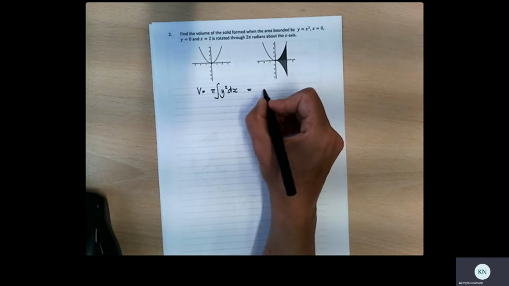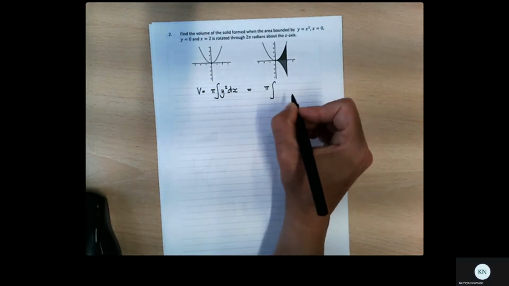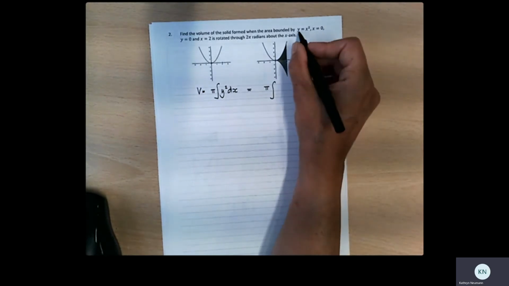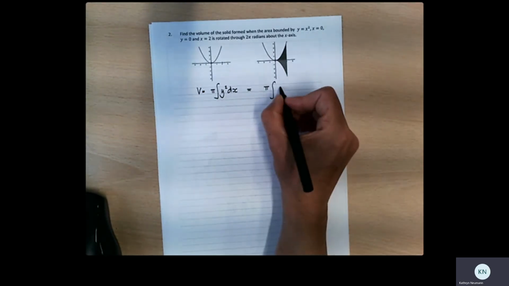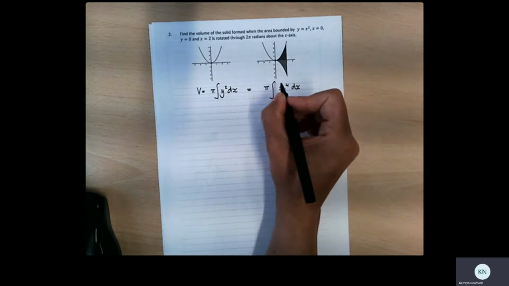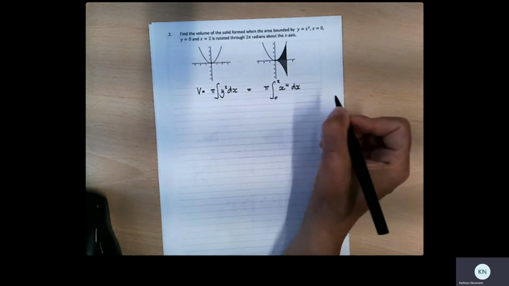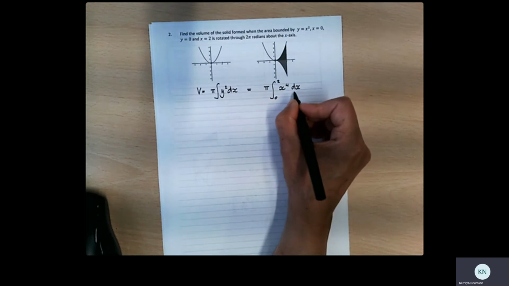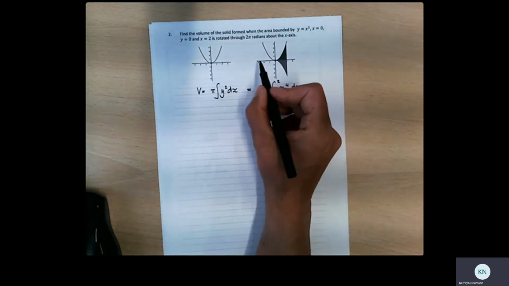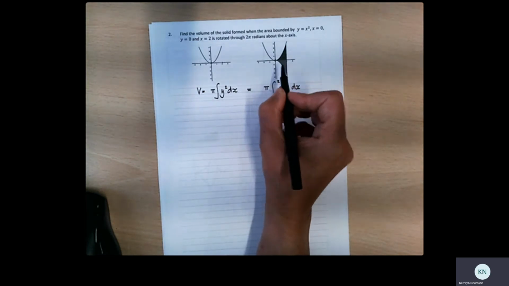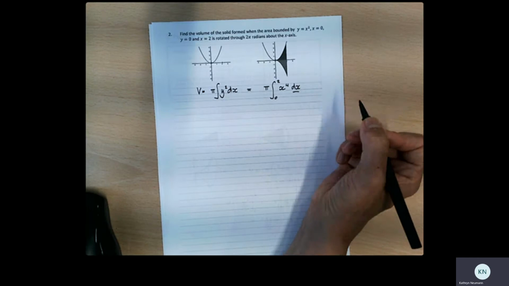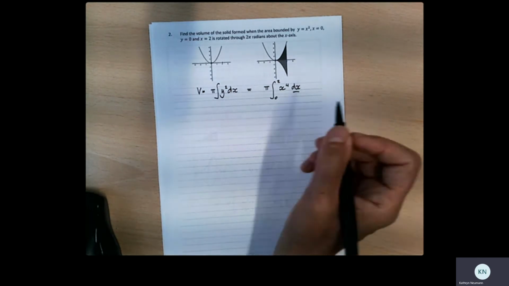And in this example, that is pi multiplied by the integral of, now y squared, so we want to square the function we've been given, so that's going to be x to the 4 dx between 2 and 0. And notice how important it is that we've got the dx here, because when we do examples rotating about the y-axis, we're going to be using dy. So it's very important that you're clear and use correct notation throughout these questions.